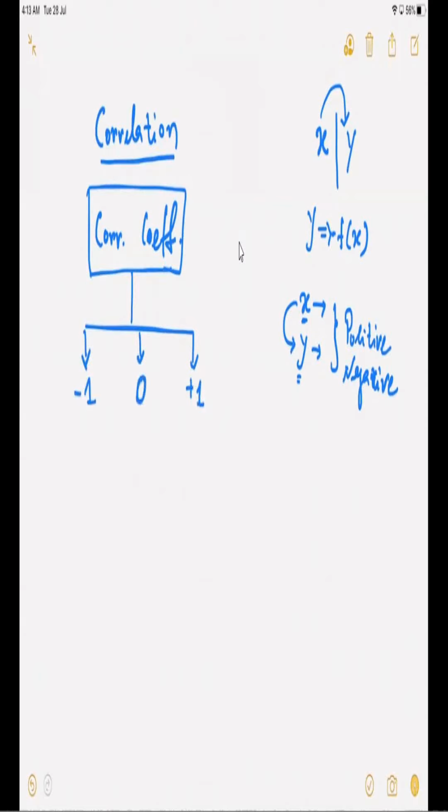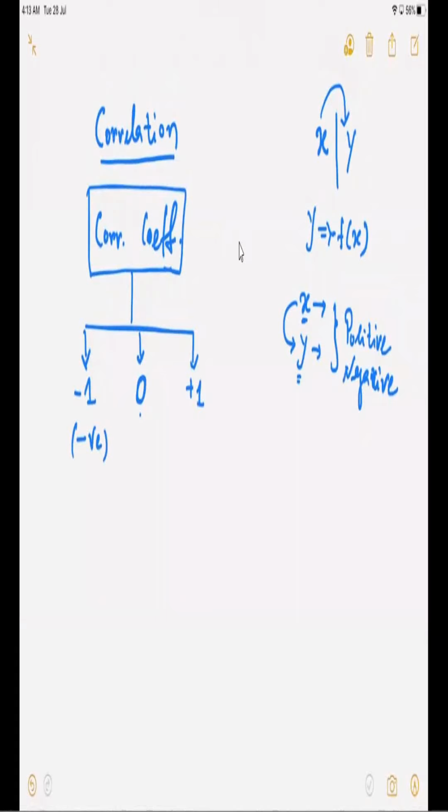So either I'll get some values between -1 to +1, and also I can get some values as 0. Now what does this mean? If I get a result of a correlation coefficient as -1, that means the values are correlatable, but they have a negative correlation. So it's a minus correlation or a negative correlation.